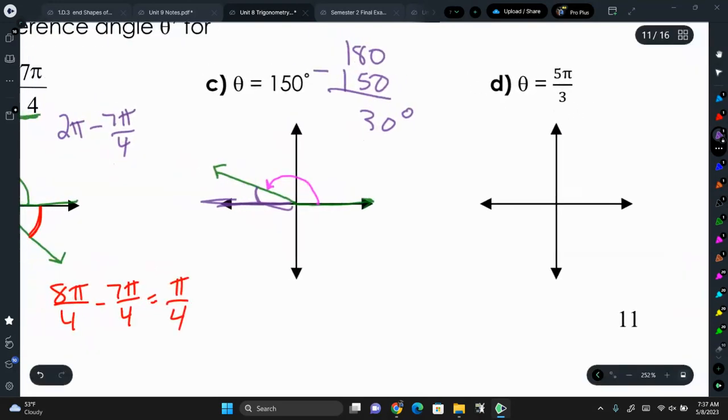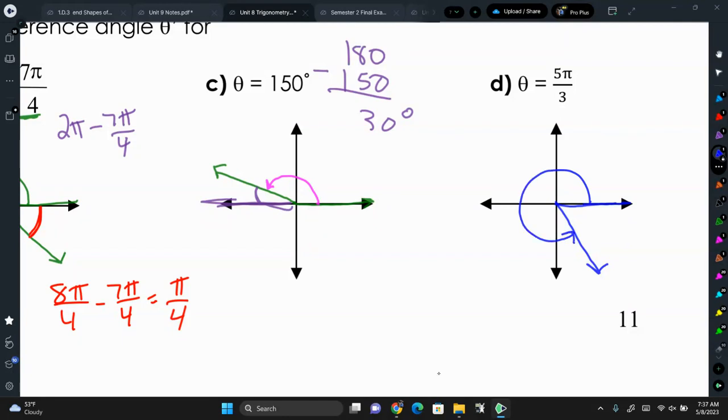And the last one, 5 pi over 3. 5 pi over 3 is in quadrant number 4. Here's our initial side, and we're going in this direction. So we're going to do 2 pi, which is 6 pi over 3, minus 5 pi over 3.